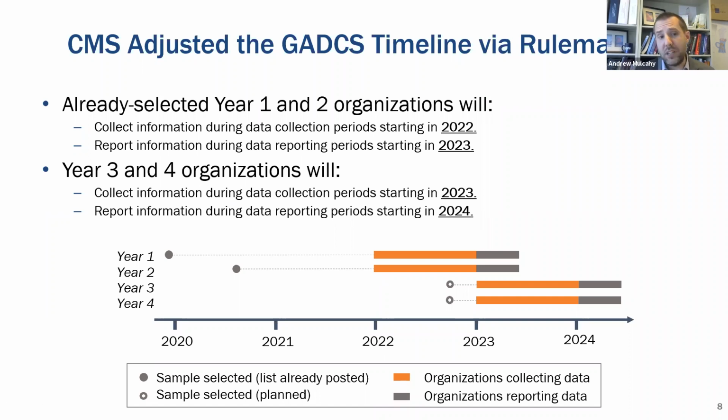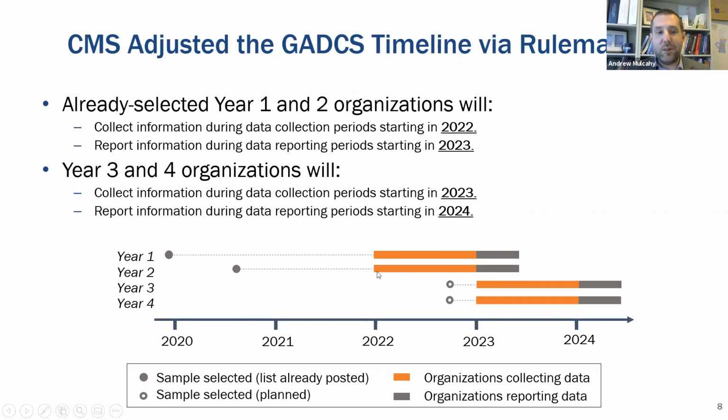I mentioned you have your choice of starting over the calendar year or your organization's fiscal year. We think many organizations will report over a calendar year. So that means that your data collection period would run January 1st, 2022 through December 31st of 2022. So these are these orange bars.